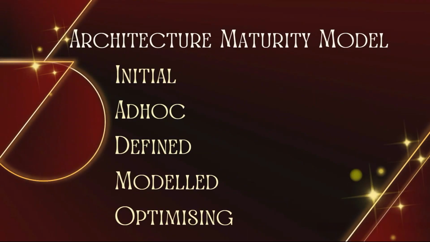Architecture maturity model. The architecture maturity model starts with initial, where there is no architecture at all, and ad hoc architecture diagrams with ad hoc abstractions. It's general purpose, but the abstractions are not defined. Then defined architecture diagrams with defined abstractions, but again general purpose. Then comes modeled architecture diagrams with defined abstractions in a modeling tool, authored manually.